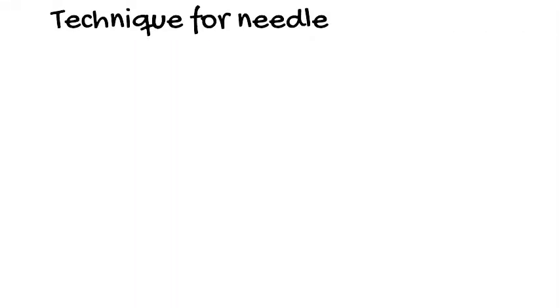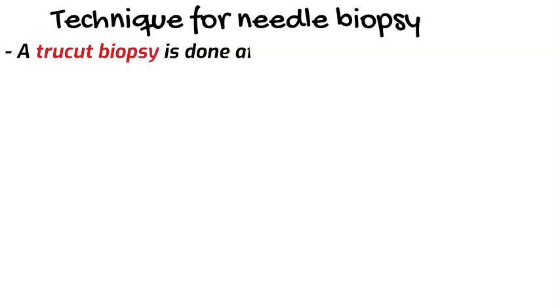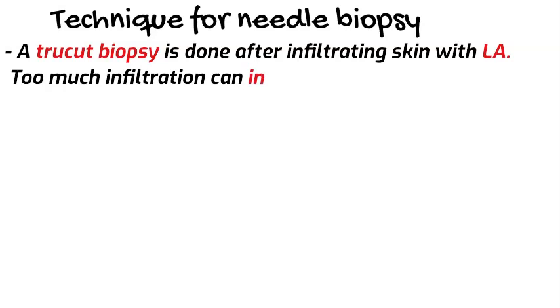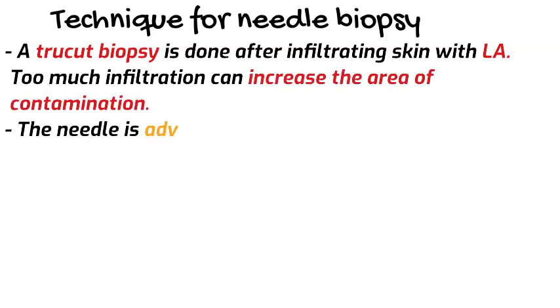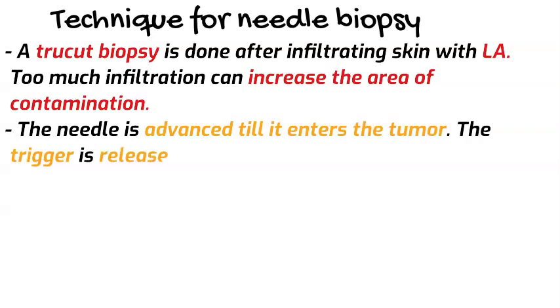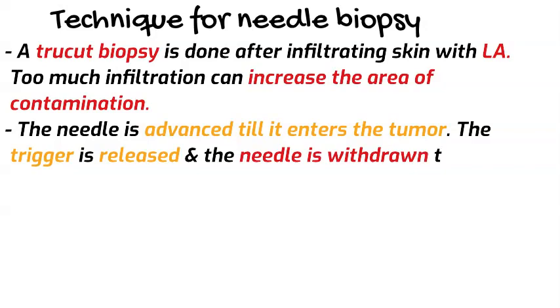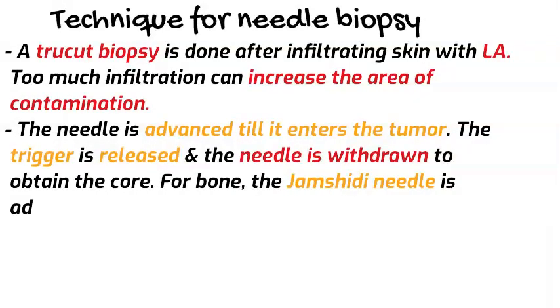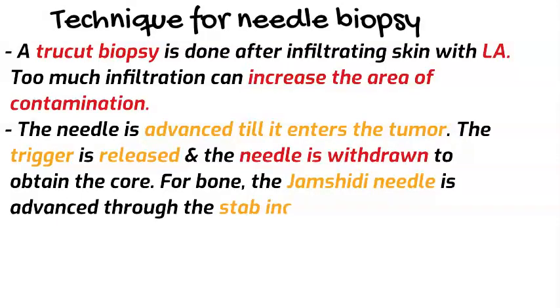Techniques for the needle biopsy. A true cut biopsy is done after infiltrating the skin with local anesthesia. Too much infiltration can increase the area of contamination. The needle is advanced till it enters the tumor. The trigger is then released and the needle is withdrawn to obtain the core.